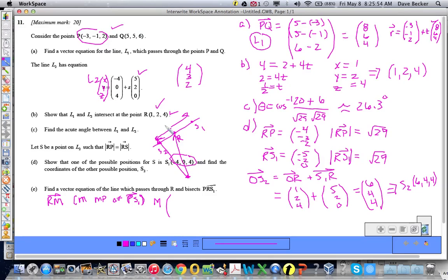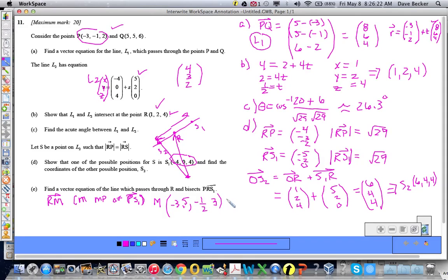So we just find the average. Negative 3 and negative 4 is negative 7 over 2, which is negative 3.5. And then for the other two: negative 1 and 0, so that's negative 1/2. And then 2 and 4 is 6, divided by 2 is 3. So that's the midpoint.